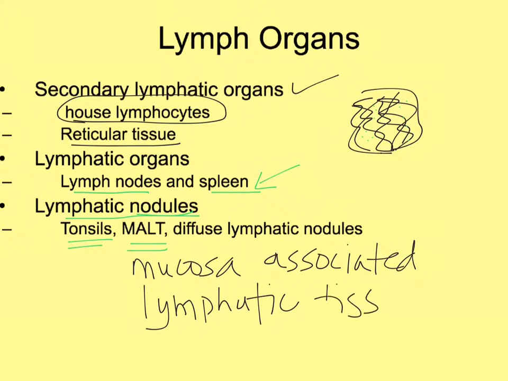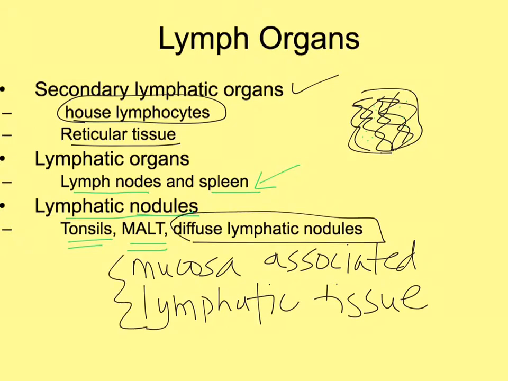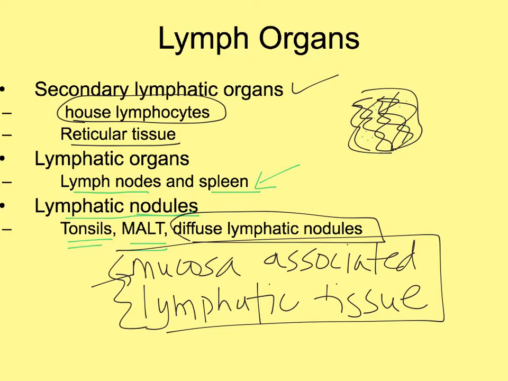And then there's diffuse lymphatic nodules kind of all throughout the body. MALT is found in the intestines, like where there are openings to the outside, vagina, mouth.